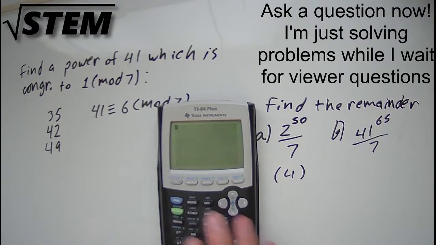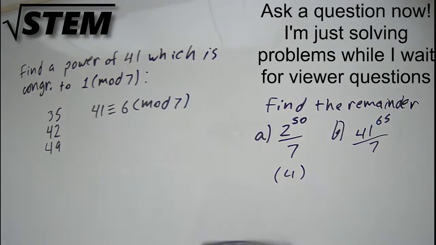So let's try 41 to the 4th power, and now we'll take that and divide it by 7. Okay, that is not an integer, it just couldn't display all the decimal places. That's probably not the way to do this.